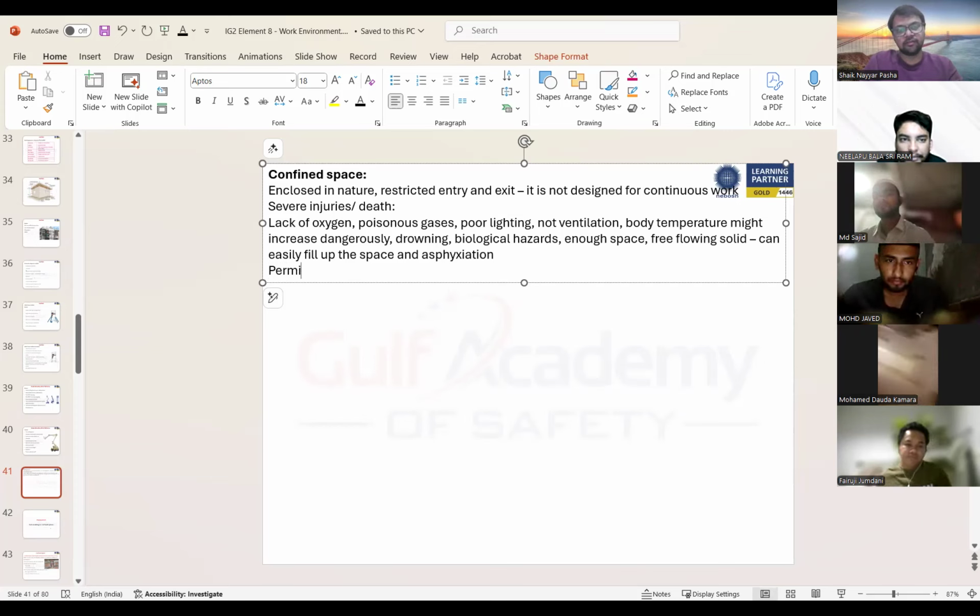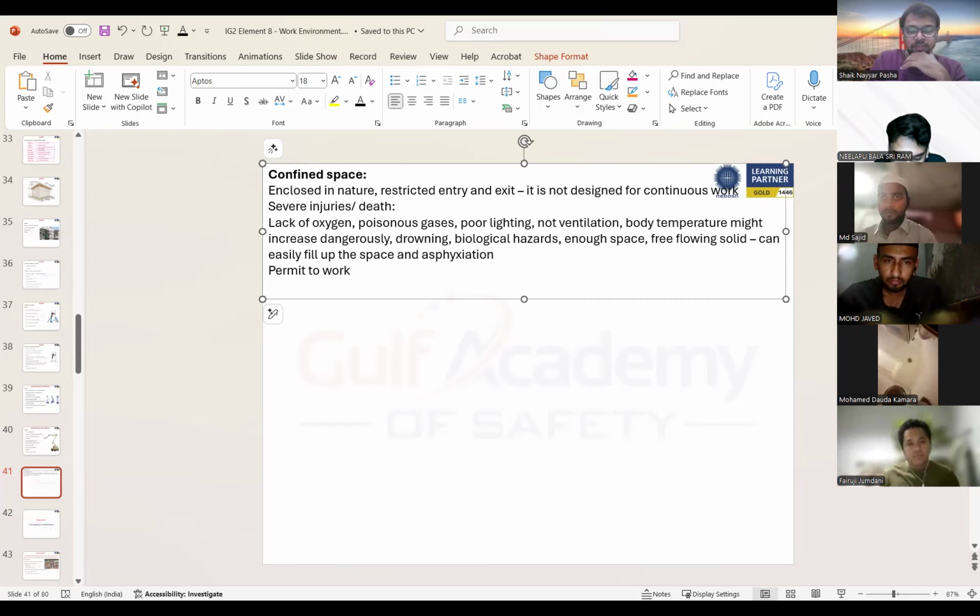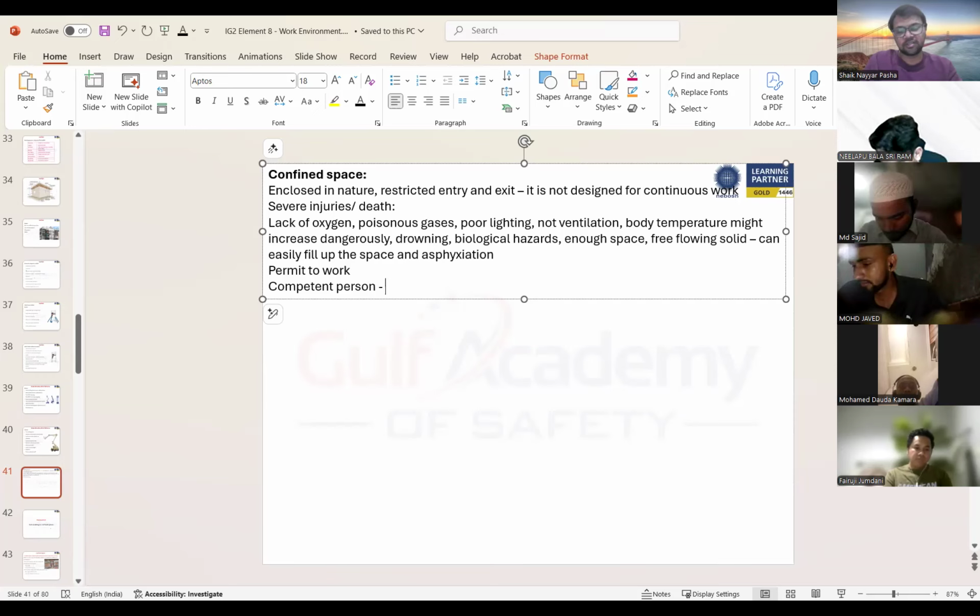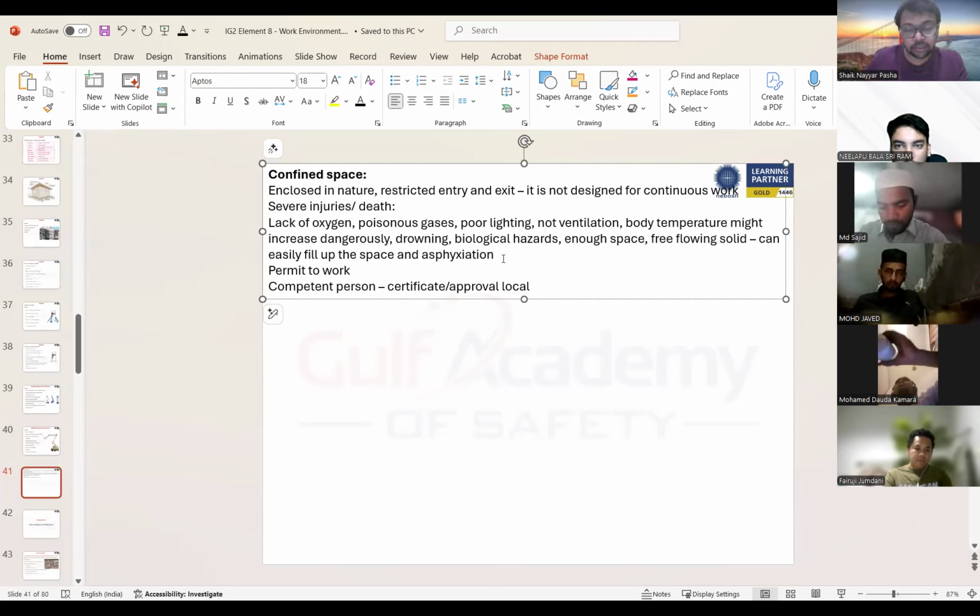So you should definitely have a work permit, and make sure the work is only carried out by a competent person. Competent person means who has done a course, got a certificate and approval from the local authority as a confined space worker. So only he should be allowed to do the job, that too with proper supervision, and make sure all the controls have already been implemented. Okay, are we clear?